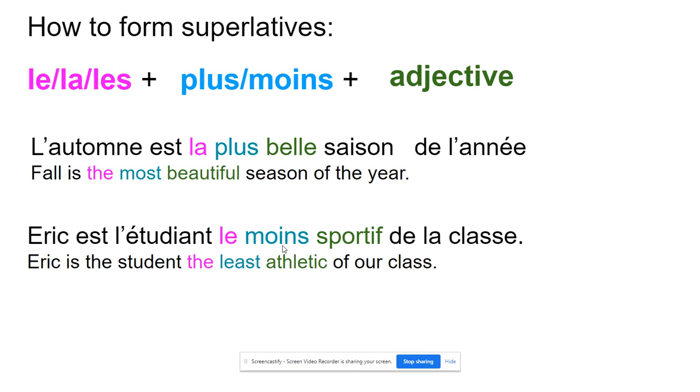He's the what? The least. So here's an example of talking about the least. He's the least what? The least athletic. Okay, so notice how sportif agrees in gender and number with Eric or l'étudiant, which is masculine singular. And then you have comparing him to what? The rest of the class.